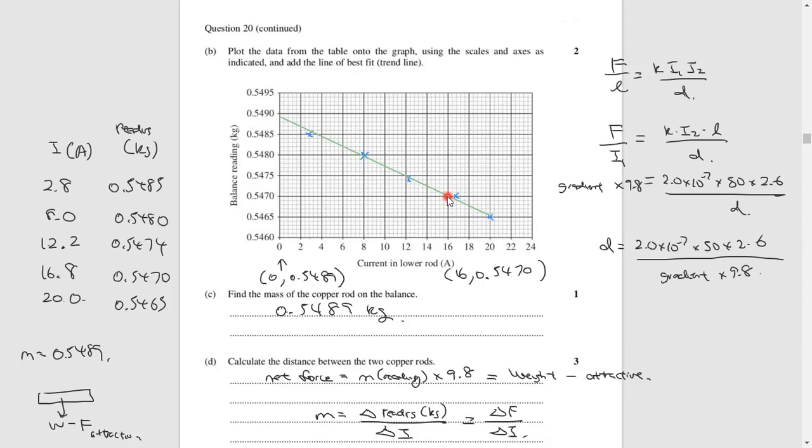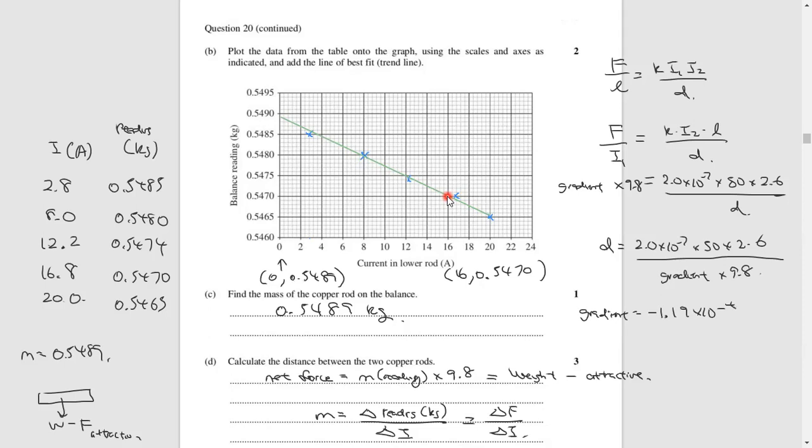That gives me a gradient of 0.5470 minus 0.5489 all over 16 minus 0, which gives me a small number, something around negative 1.19 times 10 to the negative 4.